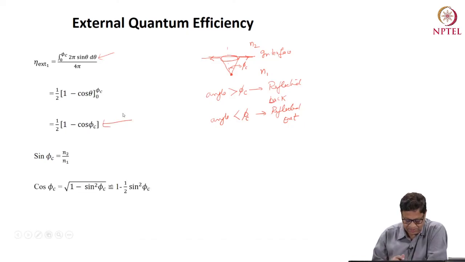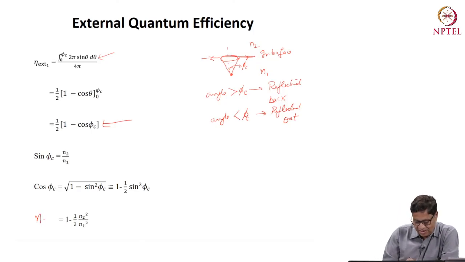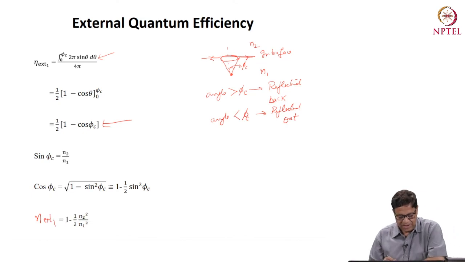Using cos phi c equal to root of 1 minus sine square phi c, and doing some approximation, assuming that phi c is very small, I get the external efficiency as 1 minus half n2 square by n1 square.